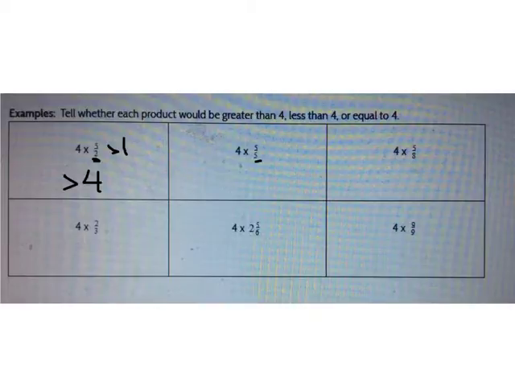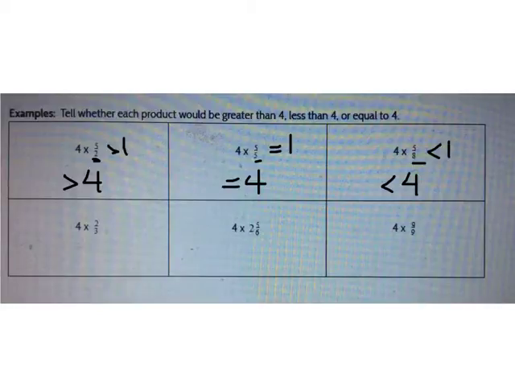Is 5 fifths greater than 1, less than 1, or equal to 1? 5 fifths is equal to 1, so this will be equal to 4. 4 times 5 eighths. Is 5 eighths less than 1, greater than 1, or equal to 1? 5 eighths is less than 1, it's a proper fraction. So this answer will be less than 4.